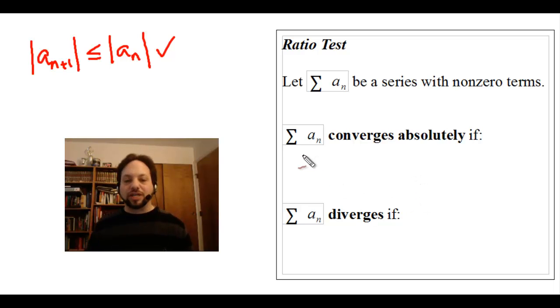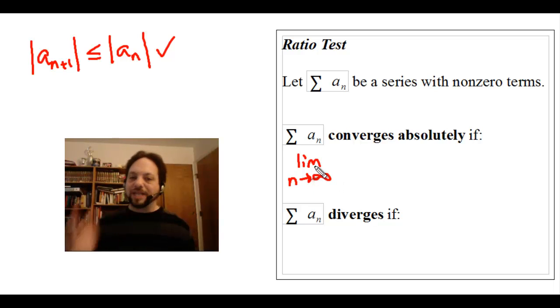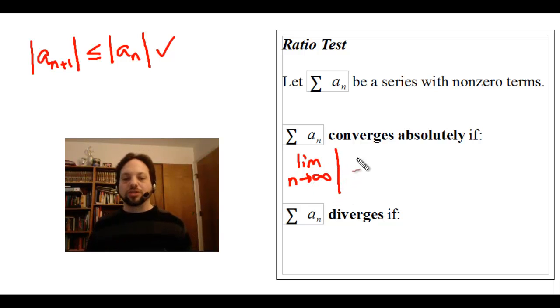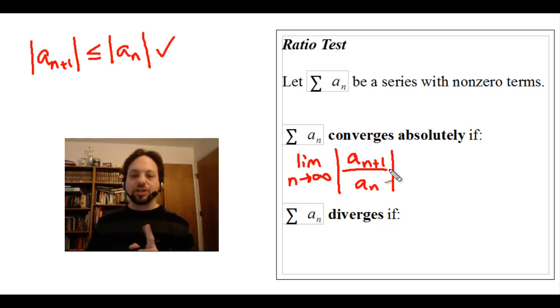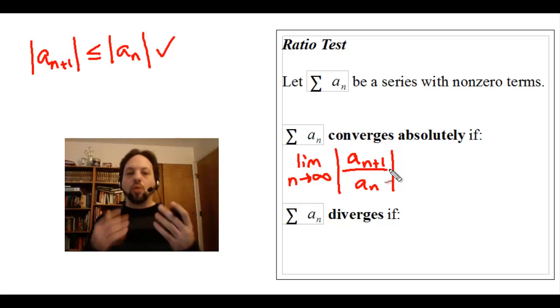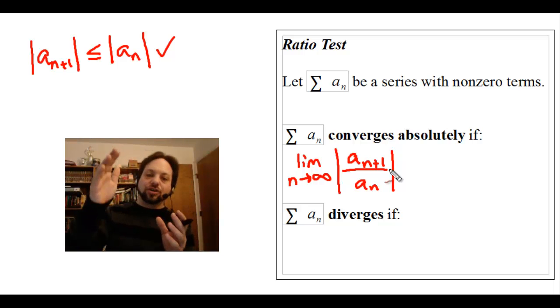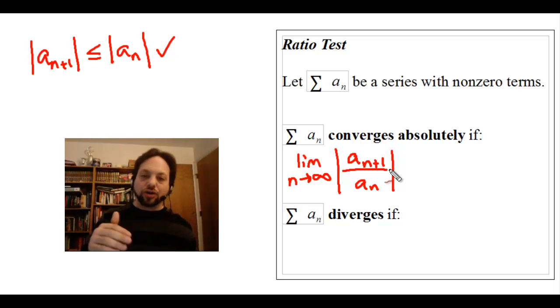And in the ratio test, what we're going to do is look at the limit as n approaches infinity. So we're going to look at all of these terms in the long run. And what we're going to do is create a ratio of each next term to each current term. Now, before I give the conclusion here, I want you to consider what would happen if each of the next terms is less than each of the current terms.